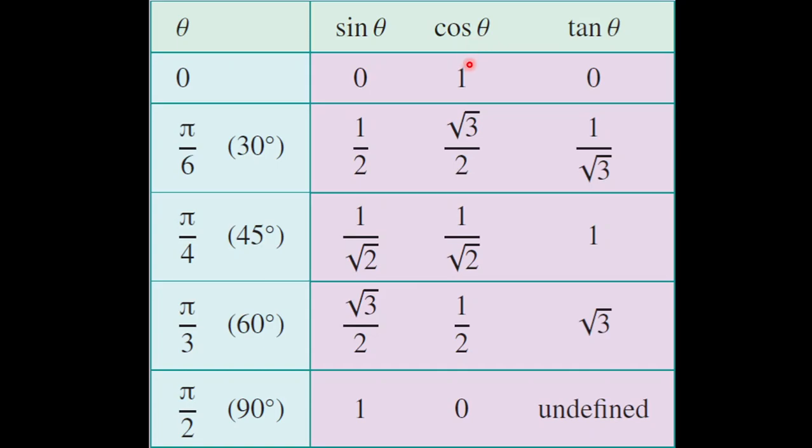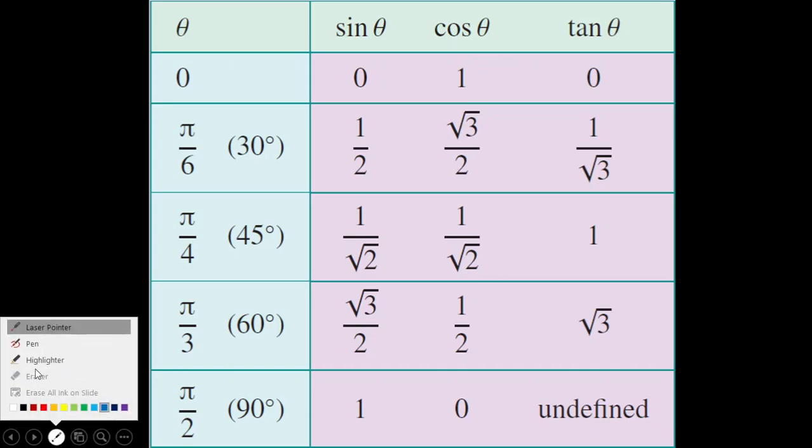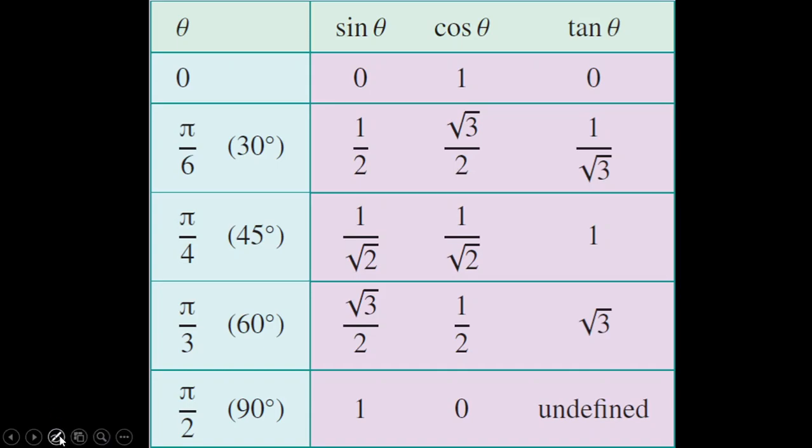So if there's a pattern, you see the values are increasing, so I'm going to do an arrow here. For cos, it's going backwards.